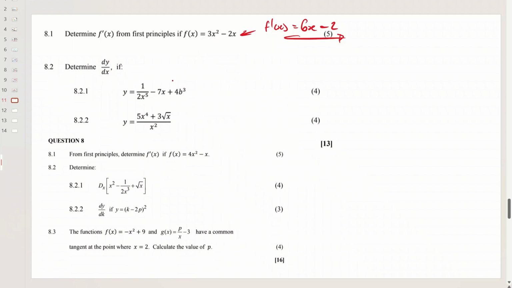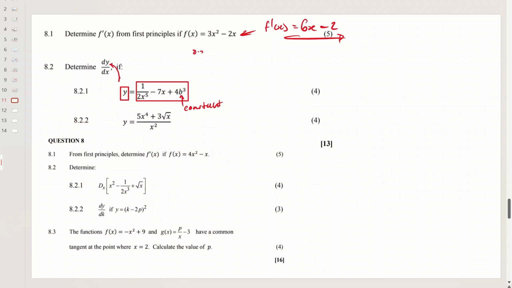So it means we have to treat the other terms as constants. So your 4b there has to be a constant. That's the meaning of taking the derivative of y with respect to x there. So x becomes the independent variable.